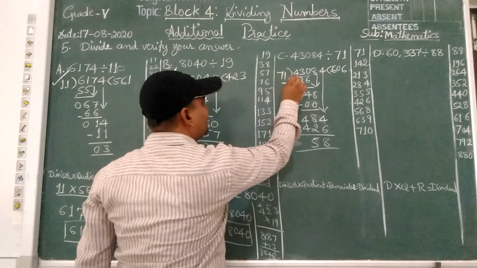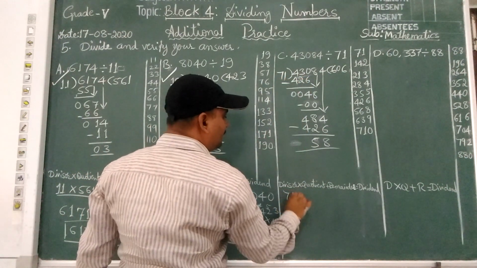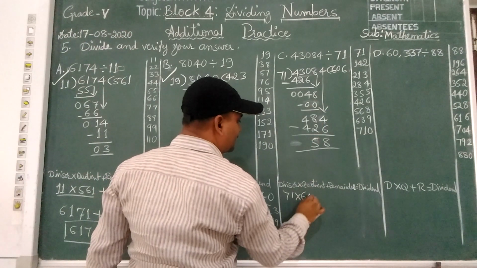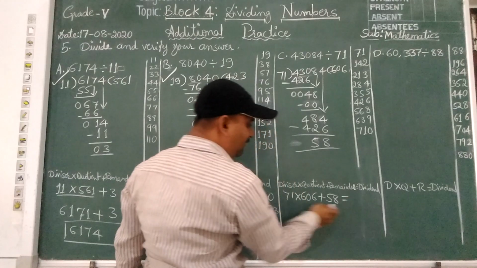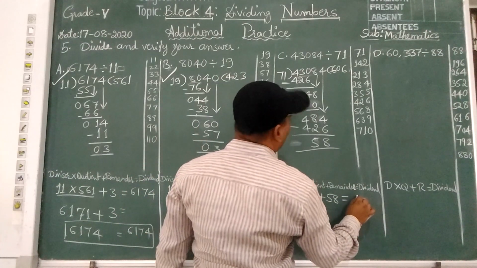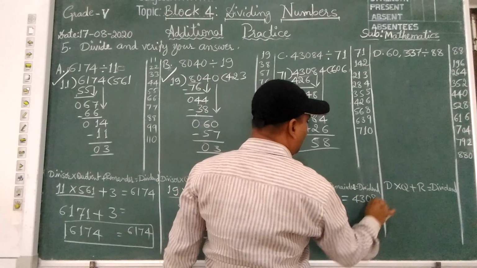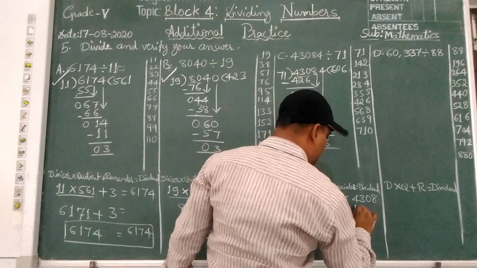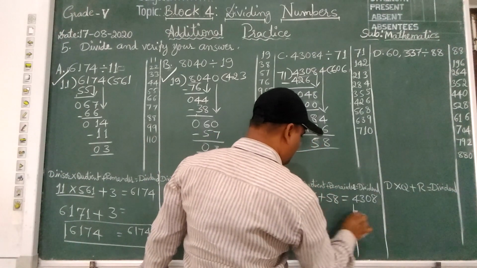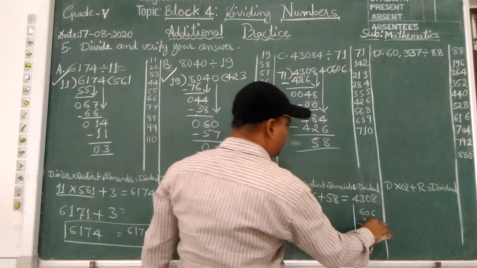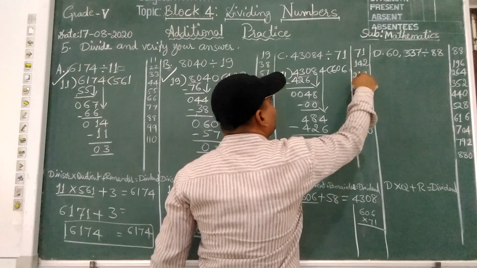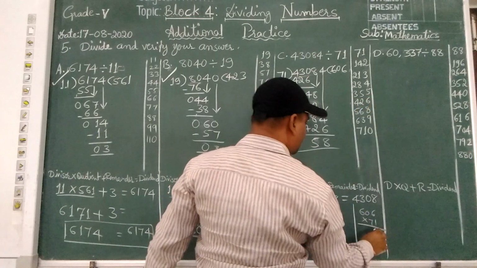Now what is the divisor? 71 into quotient 606 plus remainder I got as 58. After doing all these things, I should get 43,084. So to get this, let us multiply these two. 606 into 71. 71 sixes are 426.